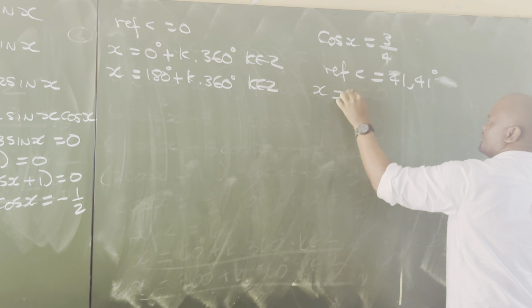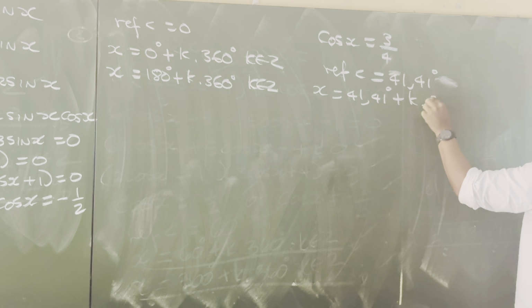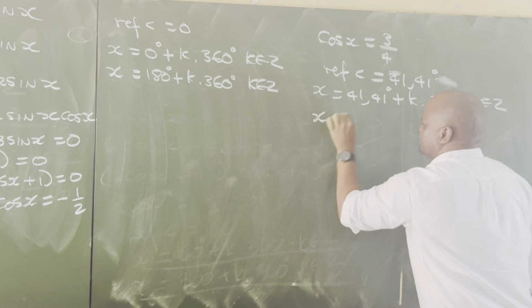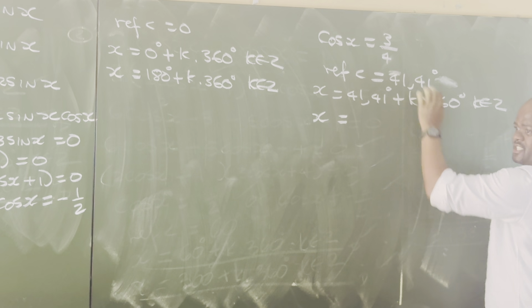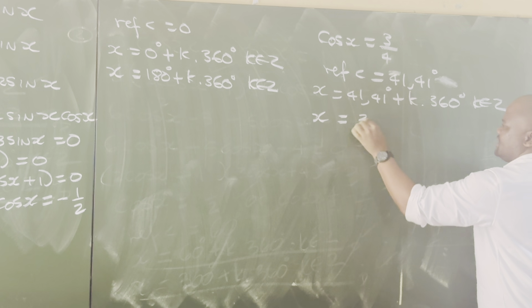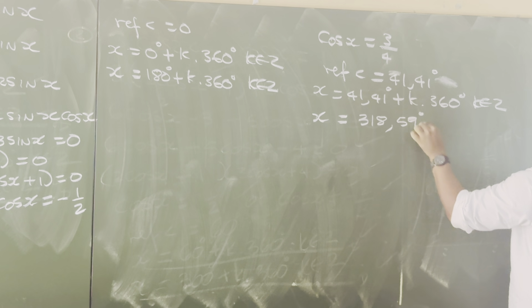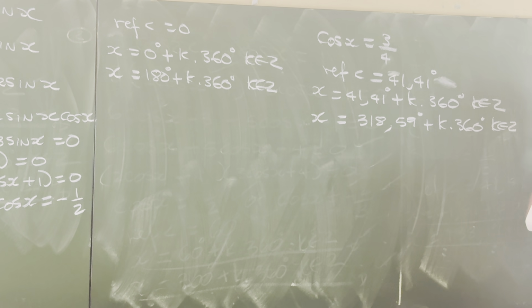So this is x equals to 41,41 plus k times 360, where k is an element of integers. Then the other solution will be in the fourth quadrant. Then you say 360 minus this. What are we getting? 318,59 plus k times 360, where k is an element of integers.